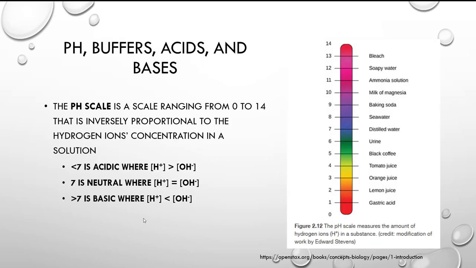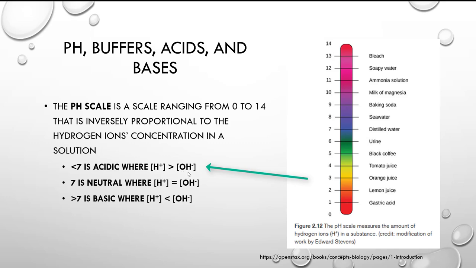All right, so let's take a closer look at that pH scale. It's a scale that goes from 0 to 14. 7 is neutral, so that's right in the middle. And then anything less than 7 is considered acidic, and anything greater than 7 is considered basic. So if it's an acidic solution, that means that there is a greater concentration of hydrogen ions to hydroxyl ions.